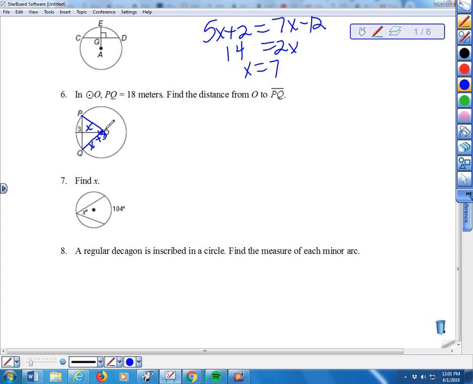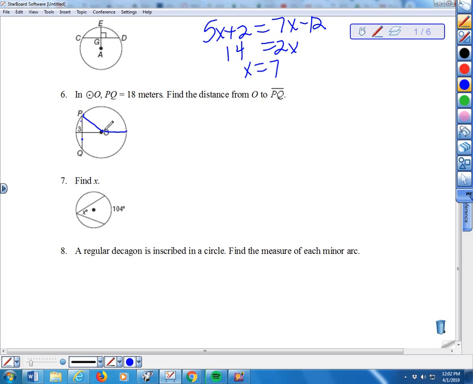What other things could I do? Can you divide? I mean, like, if you know the radius, or half of PQ, to make a triangle? Half of PQ? Yeah. Well, I make a triangle here.